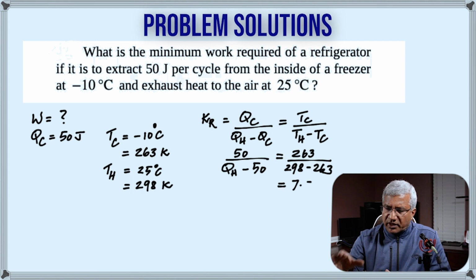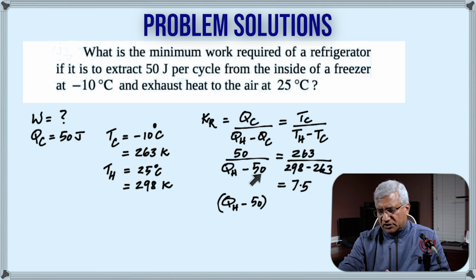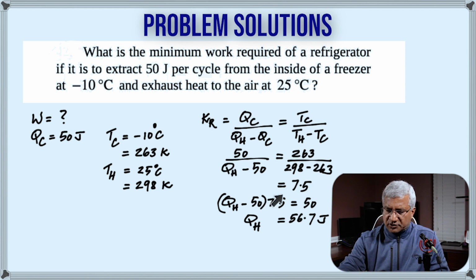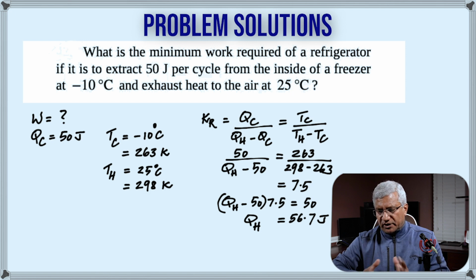So on the right side, when you do the calculation, that comes out to be 7.5. And then we just got to cross multiply. So QH minus 50 times 7.5 is 50. And then when you do the calculation, you get QH is 56.7 joules. Of course, you got to distribute, multiply, and do it carefully.